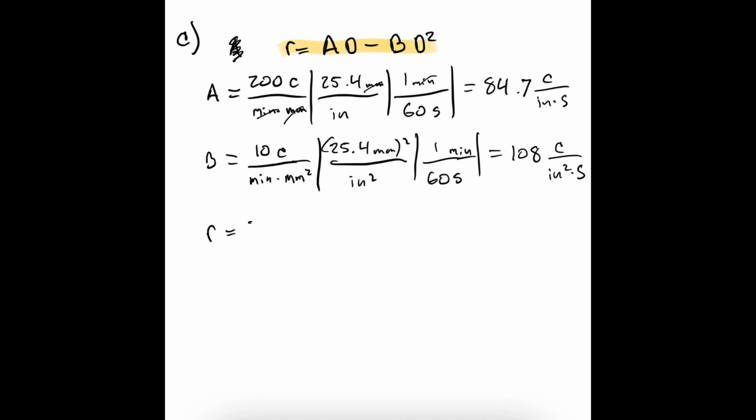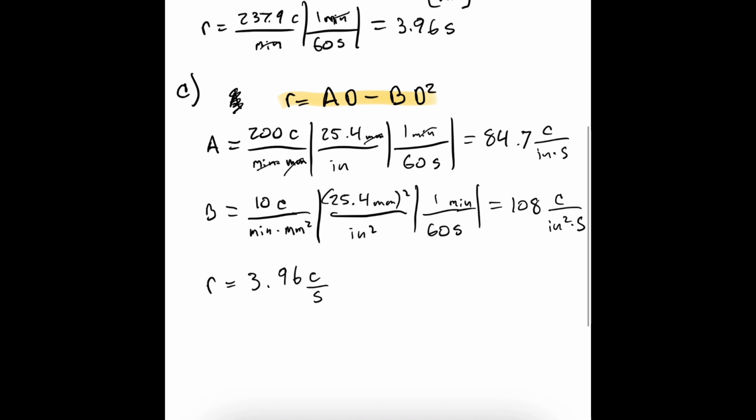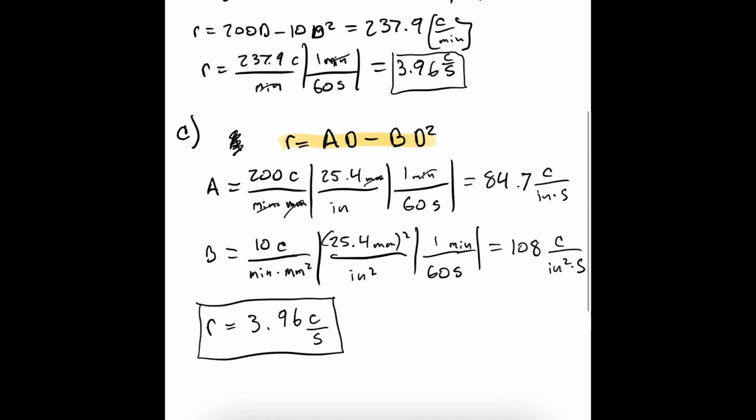And I got 3.96 crystals per second. And that is exactly what we wanted there. Oh, I just noticed that that is supposed to be crystals per second. I had my units mixed up. Shouldn't have done that because this whole problem is about converting units.